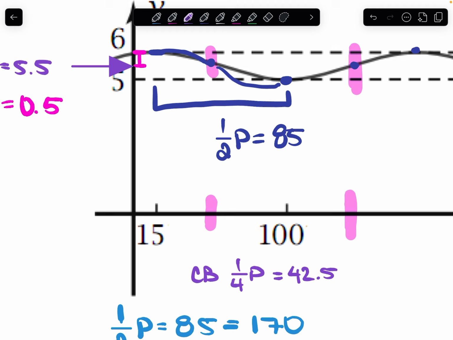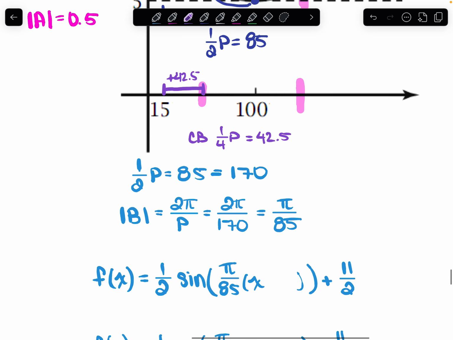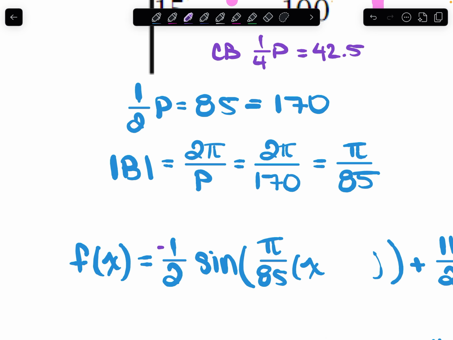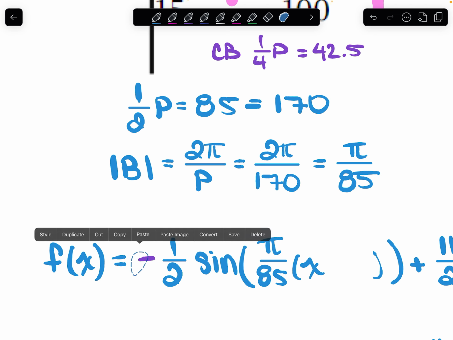So if I take 15 and I add the count by to that, 42.5, so if we stick another count by on there, so we have our 42.5 plus 15, that puts us at 57.5. So I could use that one and give the graph of negative sine. It doesn't say positive sine, it said sine. So I would rather do that. So I'm going to stick a negative here, and we'll scooch that, and I'm going to put it there.